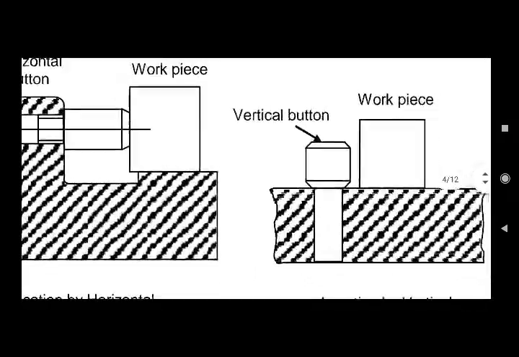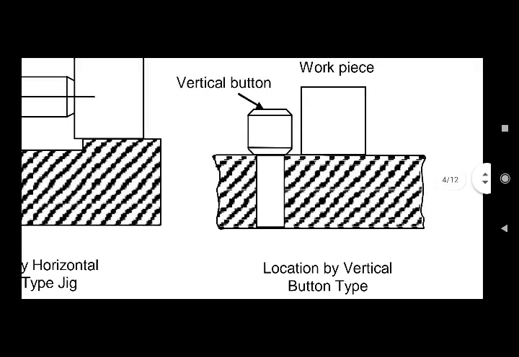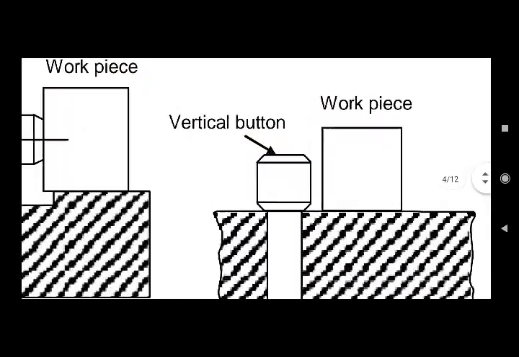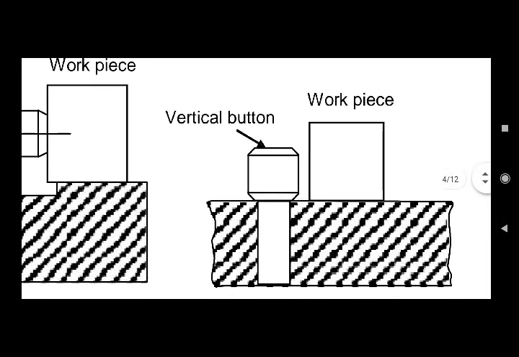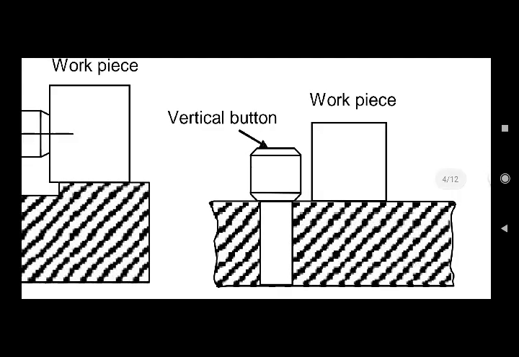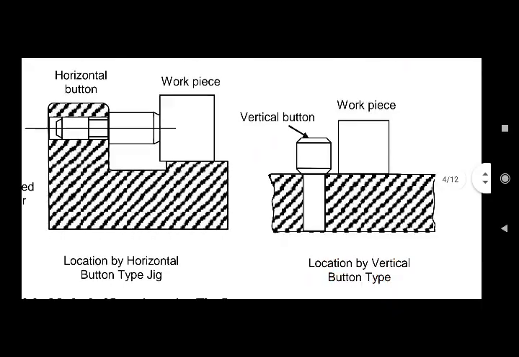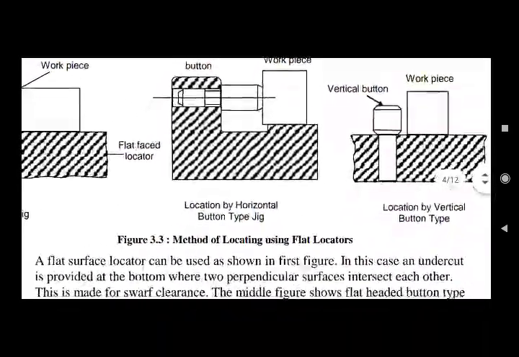Whereas the third method gives a vertical button, that is location by vertical button type, and the workpiece is going to rest, so there will be ample space between the jig body and workpiece. Therefore the chips will not be stuck or temporarily held in between the workpiece and jig body. These are some of the methods of locating using flat locators.